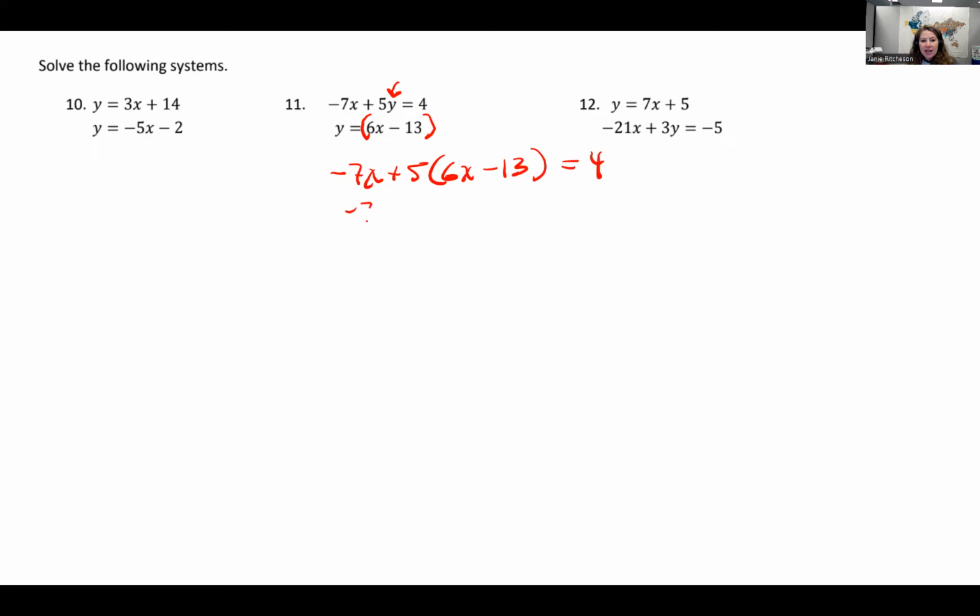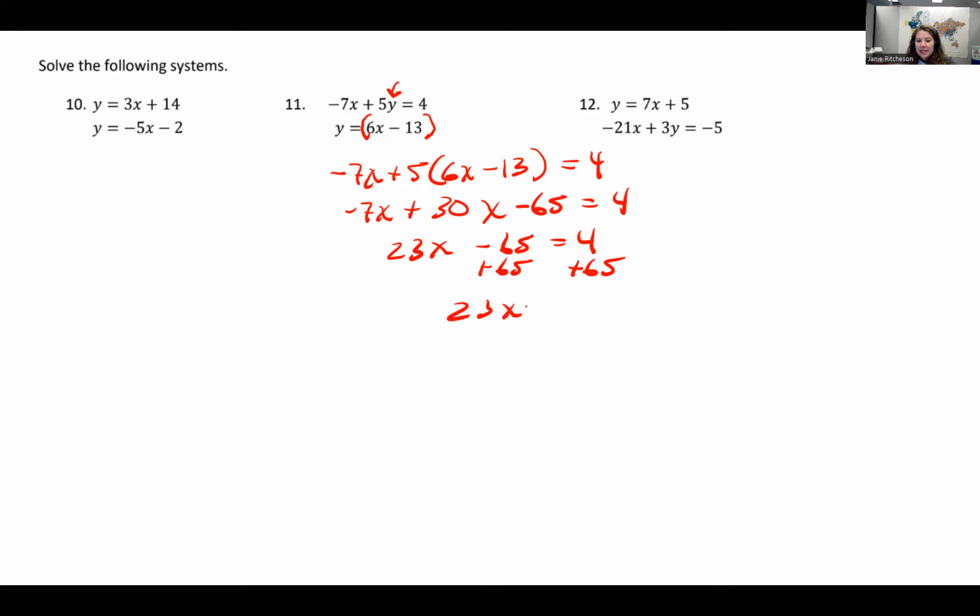I'm going to distribute the 5. 5 times 6 is 30. 5 times negative 13 is minus 65. -7x plus 30x is 23x minus 65. I'm going to add 65 to both sides. So I have 23x equals 69. And when I divide both sides by 23, I get x equals 3.